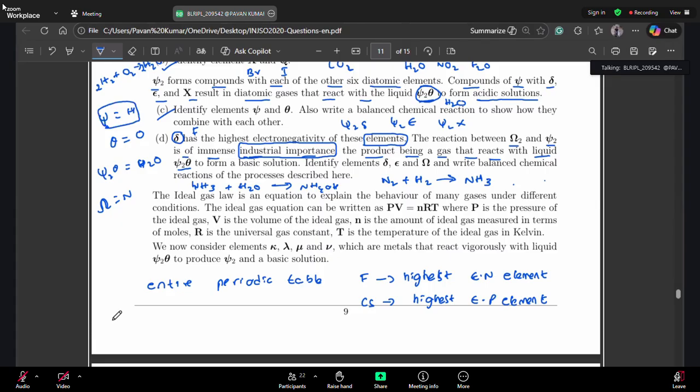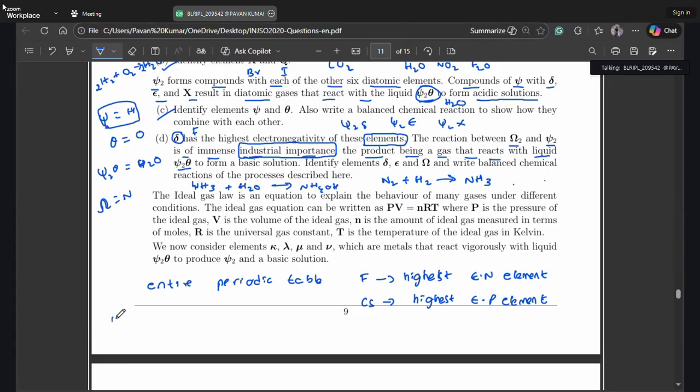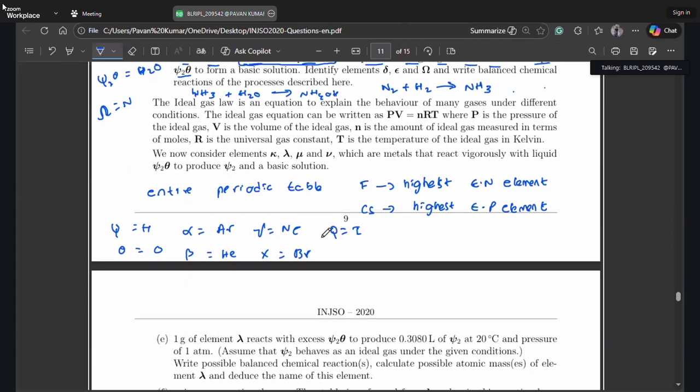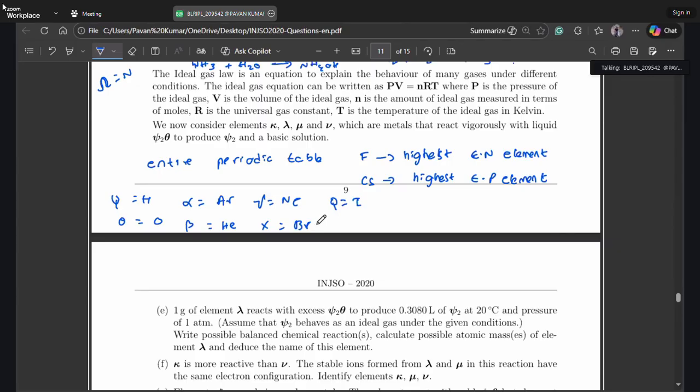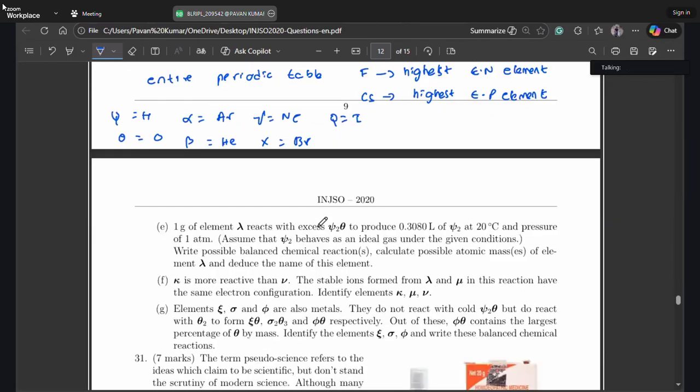Once you write down all the elements, we get clarity. Xy is H, theta is oxygen, alpha is argon, beta is helium, gamma is neon, X is bromine, Q is I. And this is completely related to the next question, the paragraph related to the ideal gas equation, that we will discuss in the states of matter time, not now.